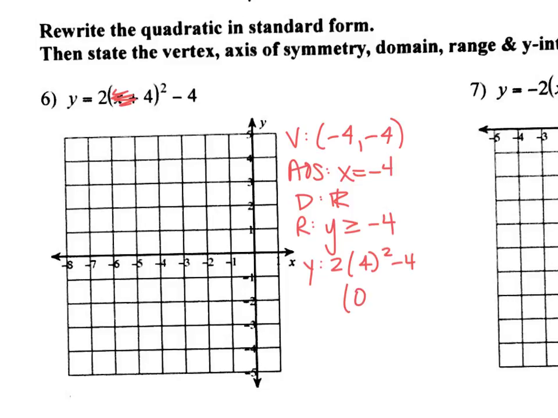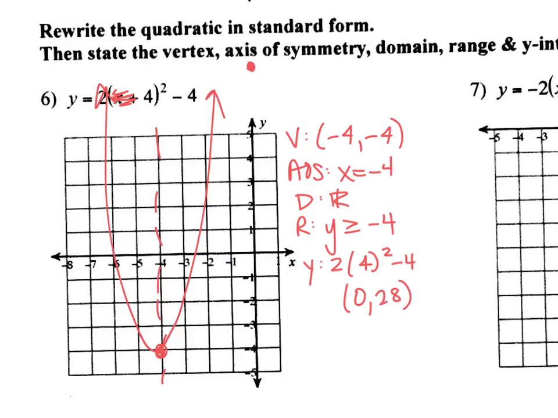So I'm going to get 0, 28 here for my y-intercept, which is not super helpful because we can't really fit all that on the graph. So -4, -4. Axis of symmetry. I have a y-intercept way up there at 28, which should really probably be at the top of your paper. And so then I'm just going to make this super steep looking graph.